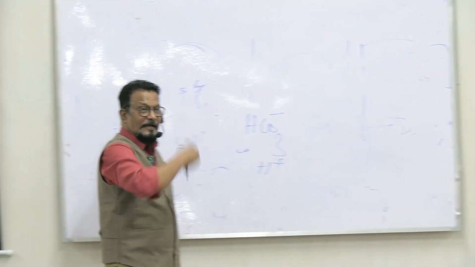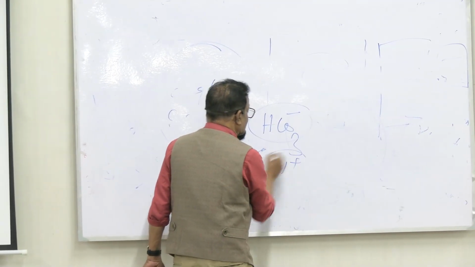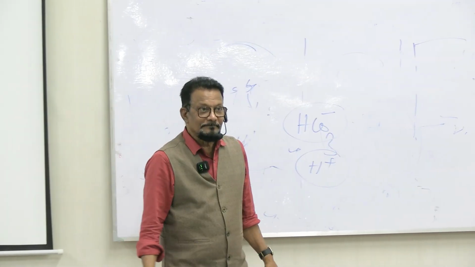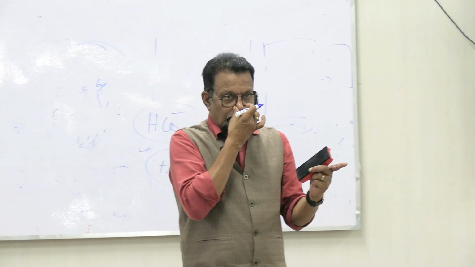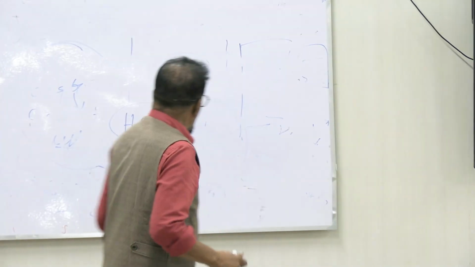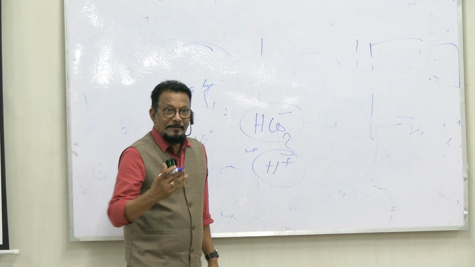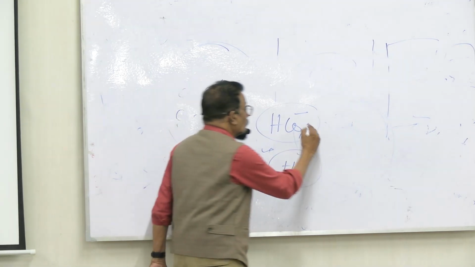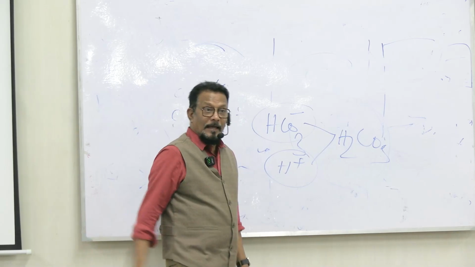When carbon dioxide is accumulated, it is converted by RBC into this. So this is the result of breath holding: there will be accumulation of this and this. Now what will happen when I hyperventilate? Both of them will combine into H2CO3.